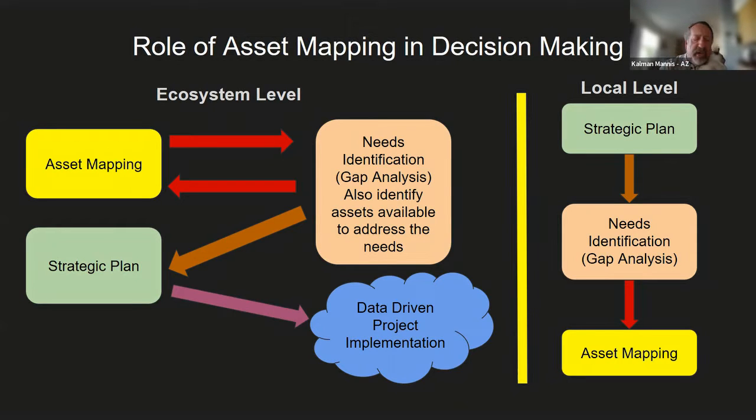When you start your asset map, often you start identifying needs gaps, then you go back to your asset map and make it more dynamic, add more to it. These are tools that feed into your strategic plan and help to guide along with your mission and your vision what goes into the plan, and then you make data-driven decisions.